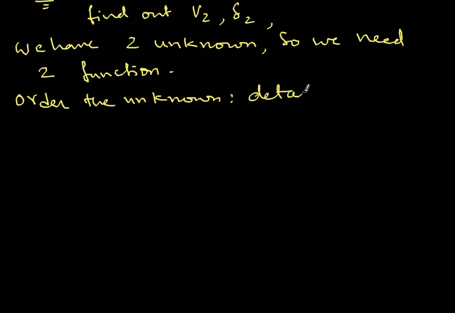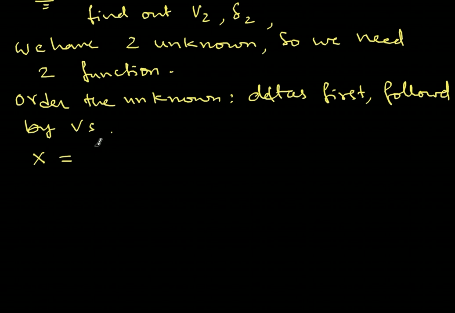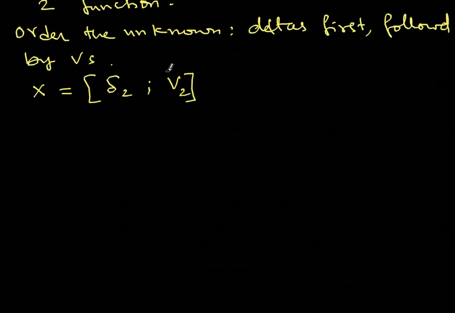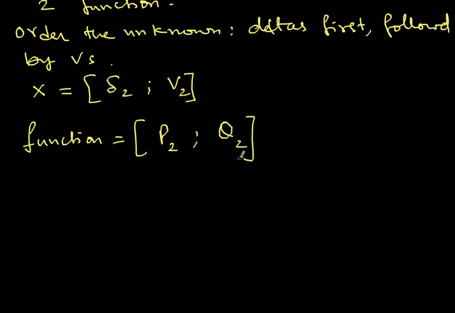Deltas first, followed by V's. So we have unknown x equal to delta 2 followed by V2. So we are solving both of them together. Once I have the unknowns, then I have functions. Wherever you have delta, replace it with the power P, and wherever you have voltage, replace it with Q. That's all. So these are the functions.